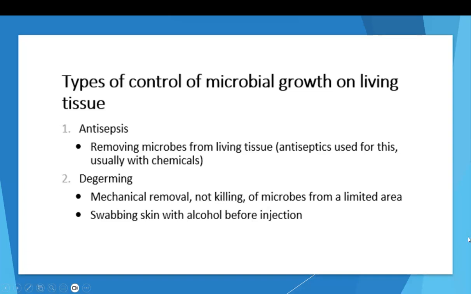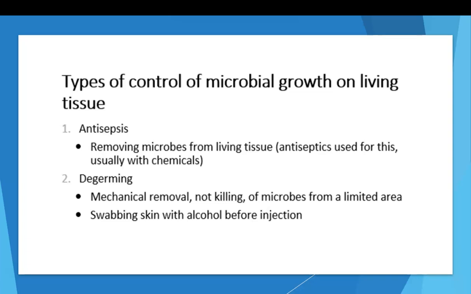Then we have some other definitions, which are about the control of microorganisms on living tissues. You are talking about, for example, your skin, a wound, or the inside of your body. The first one is antisepsis.